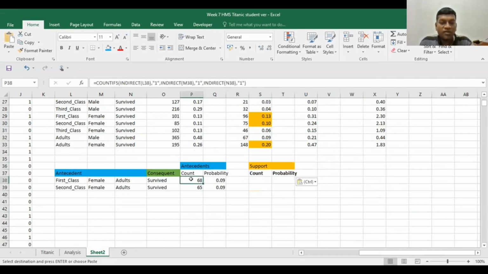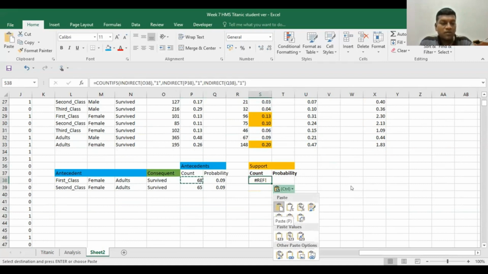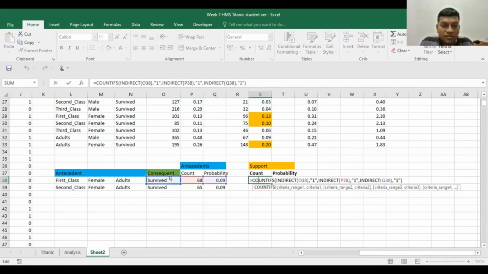I'll copy this formula. Control C, Control V. Okay, and I'll try to fix this. Also need to add survived.